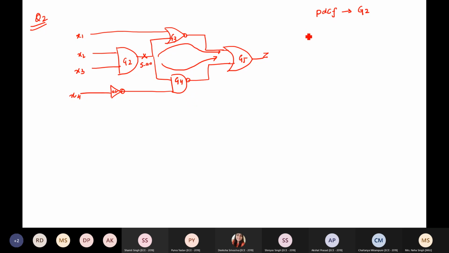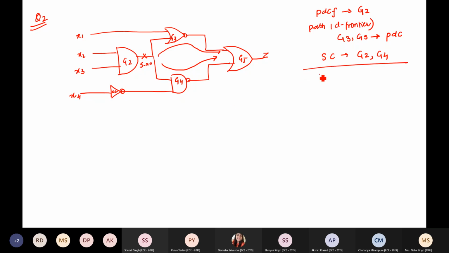So initially I take the D frontier with G3 and G5. When I consider this D frontier with G3 and G5, I try to find the PDC, the propagation D cube, for the two logic gates G3 and G5. And I take the singular cube for G2 and G4.